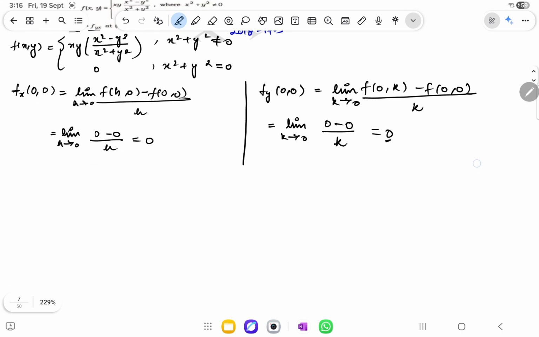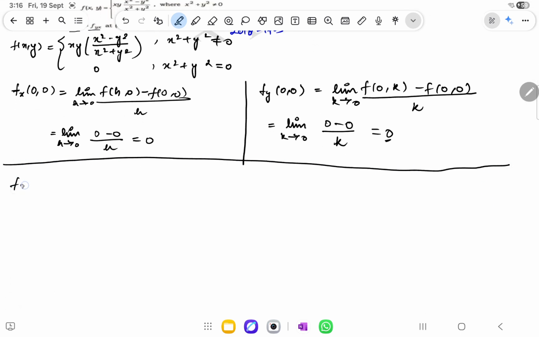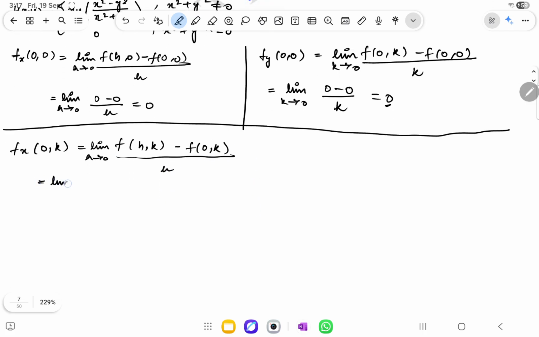Now we will also be needing the partial derivative fx(0, k). So let's calculate that. Limit as h approaches 0 of [f(h, k) − f(0, k)] divided by h, where f(h, k) is basically equal to hk(h² − k²) divided by (h² + k²), minus f(0, k) which is 0, all divided by h.